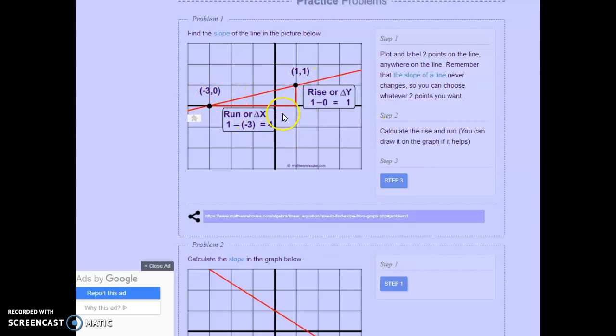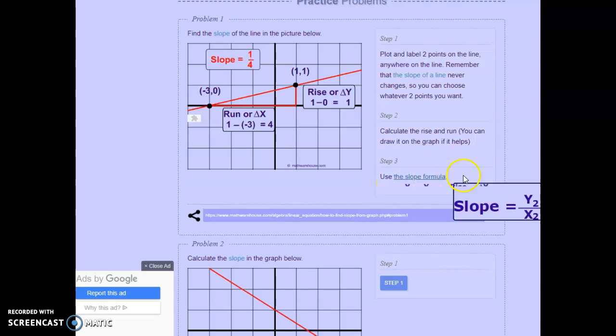They do the rise and the run underneath the line, but I would recommend rising and then running. You'll get the same answer, 1/4, but you have to remember that rise is up and down and run is left to right. So you rise 1 and run 4.